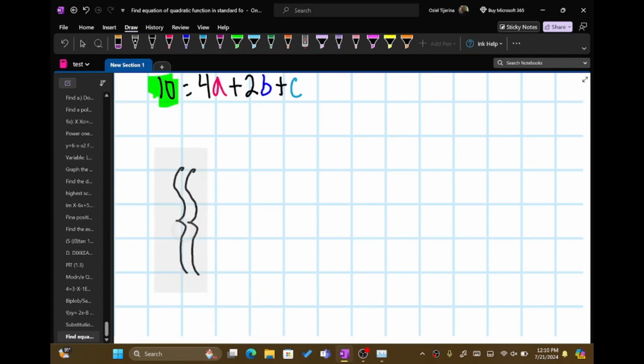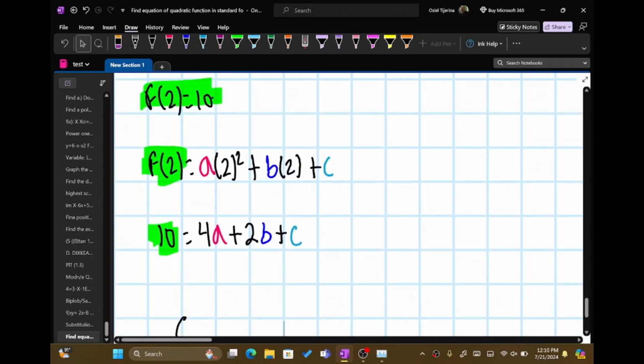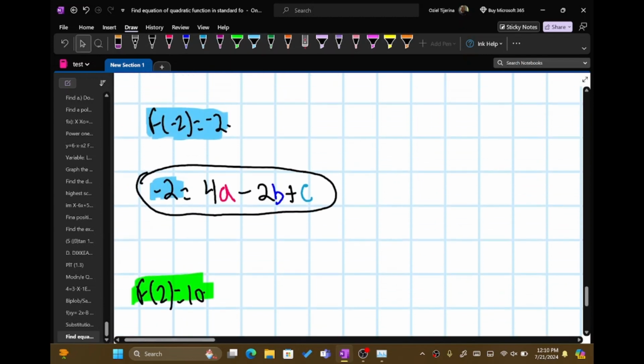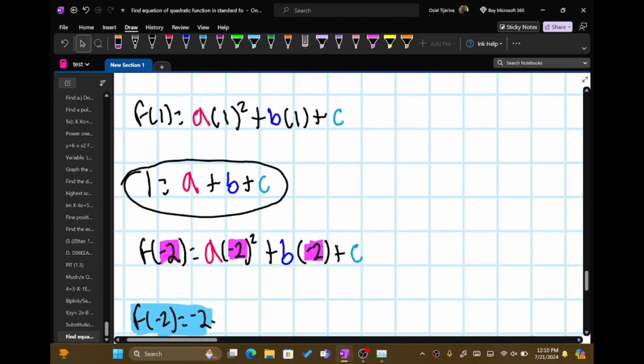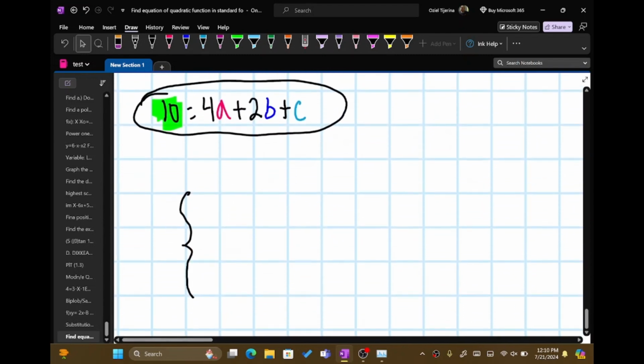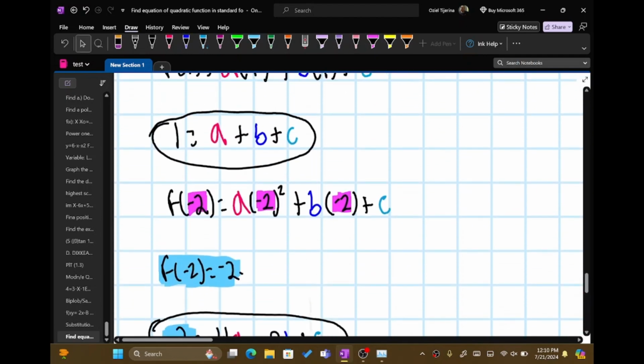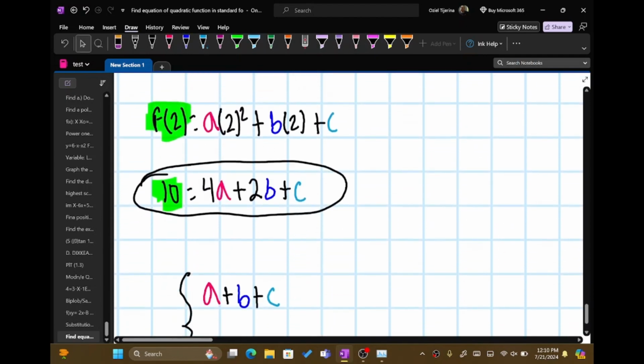And the way this is going to go, we have the first one: a plus b plus c is equal to 1, right?